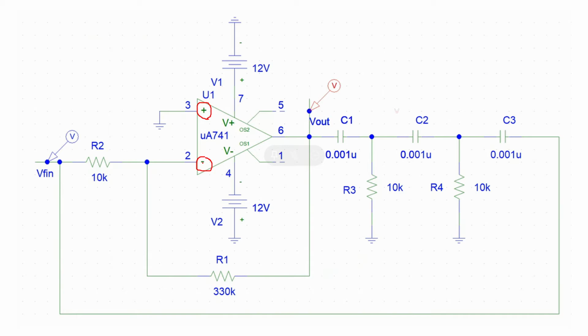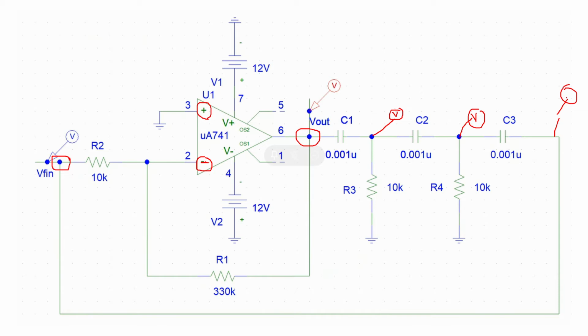Since this is a negative port here, this is called negative feedback. The Vout is measured here and the Vin is measured here. But since later we want to see the phase shift, you have to put a marker here to read the voltage at the first point, C1, C2 and C3.